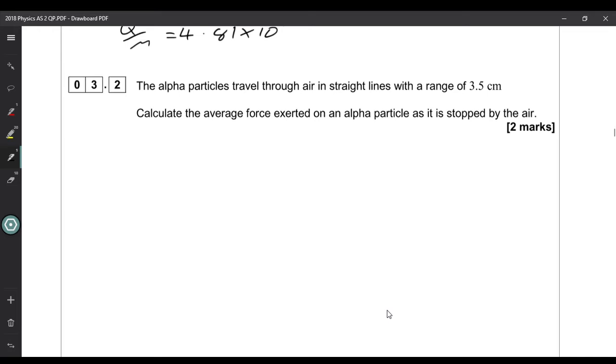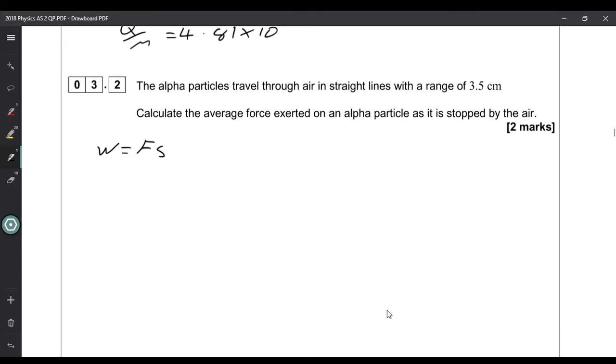So question part 2 says the alpha particles travel through air in straight lines with a range of 3.5 centimeters. Calculate the average force exerted on an alpha particle as it stopped. So we know that it's taking 3.5 centimeters to stop, and we know the equation work done equals force times distance.